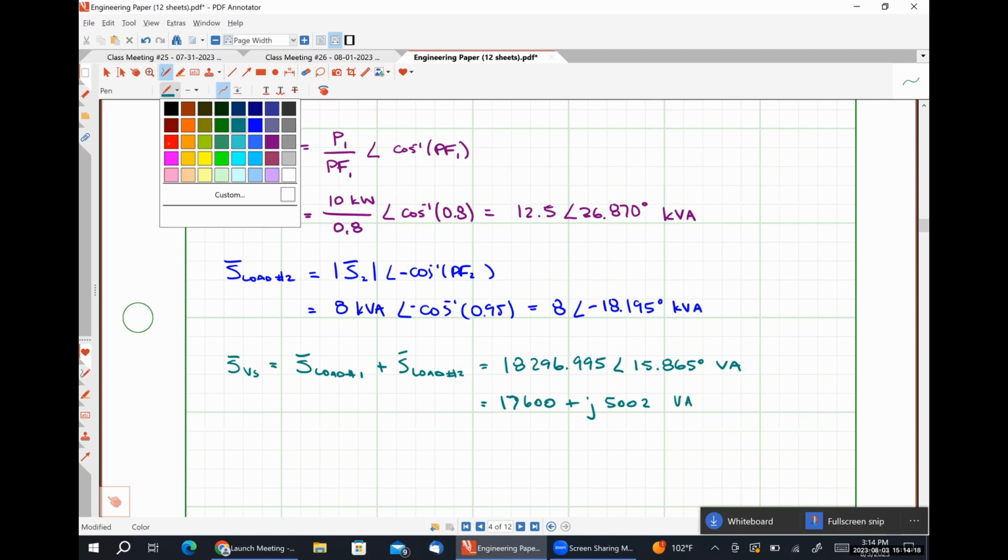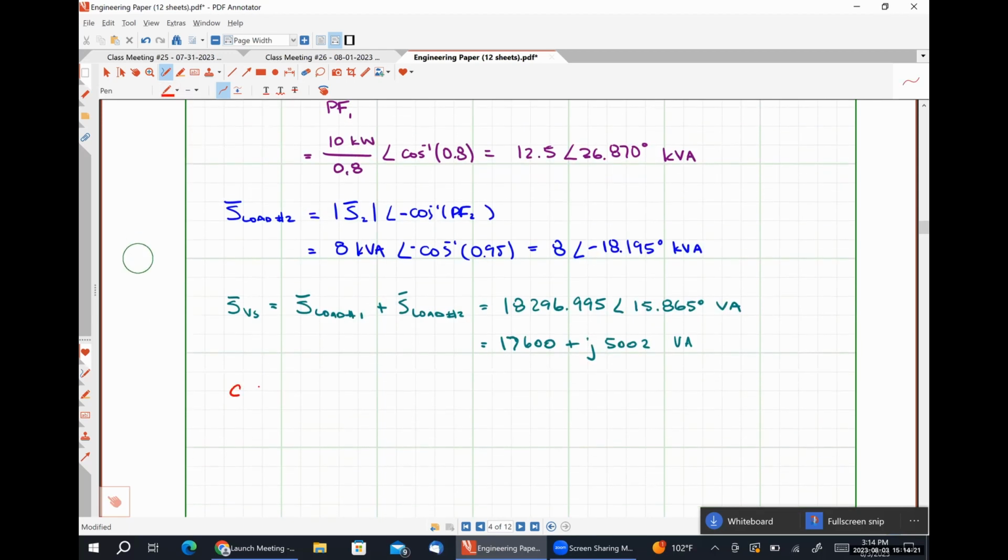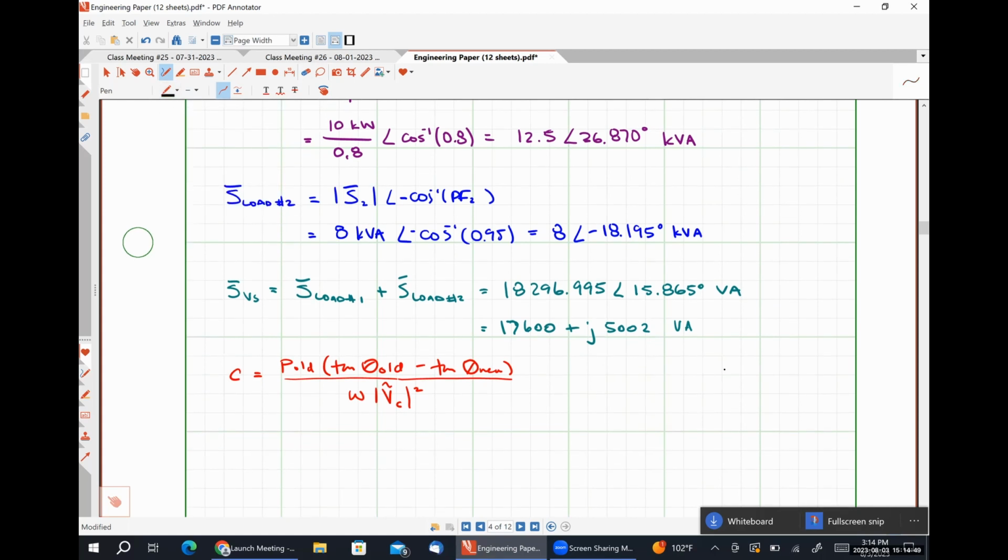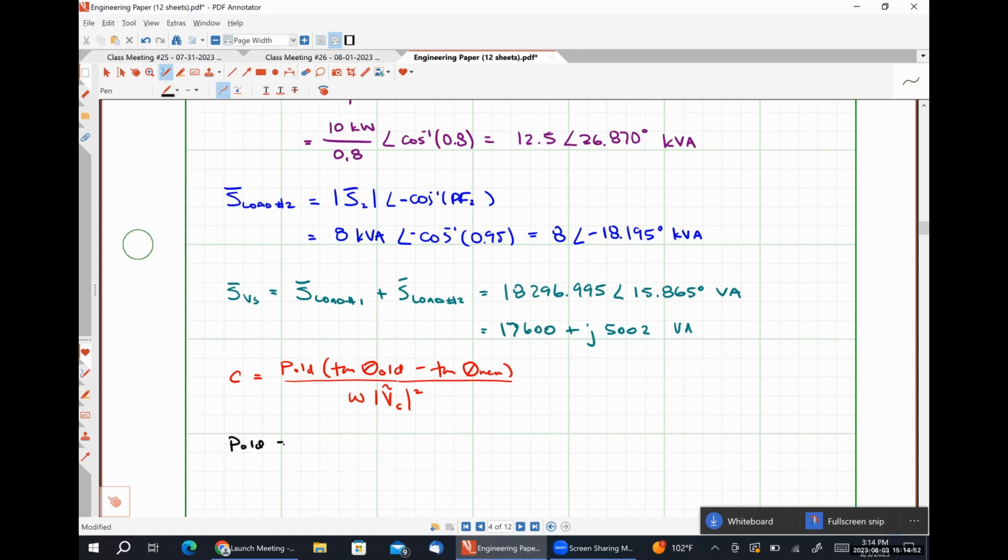So just to rehash that equation, C is equal to P old times the tangent of theta old minus the tangent of theta new, divided by omega times the voltage across our capacitor squared. So what's P old?